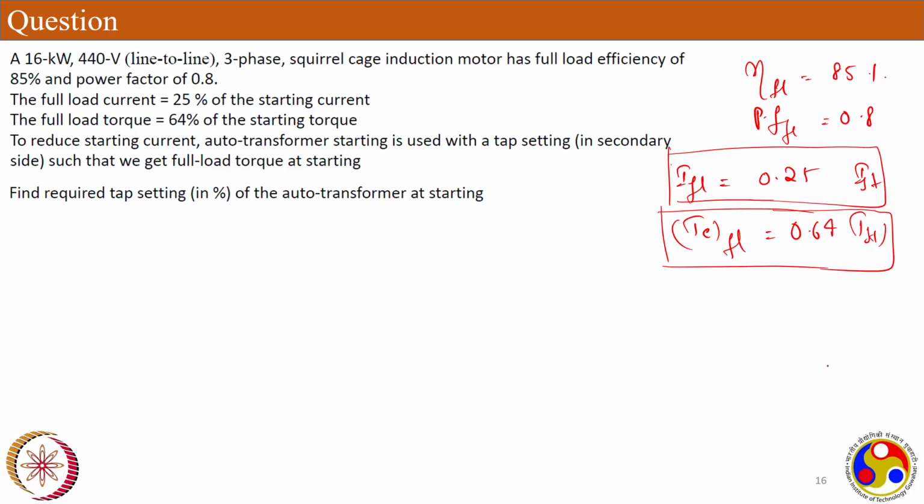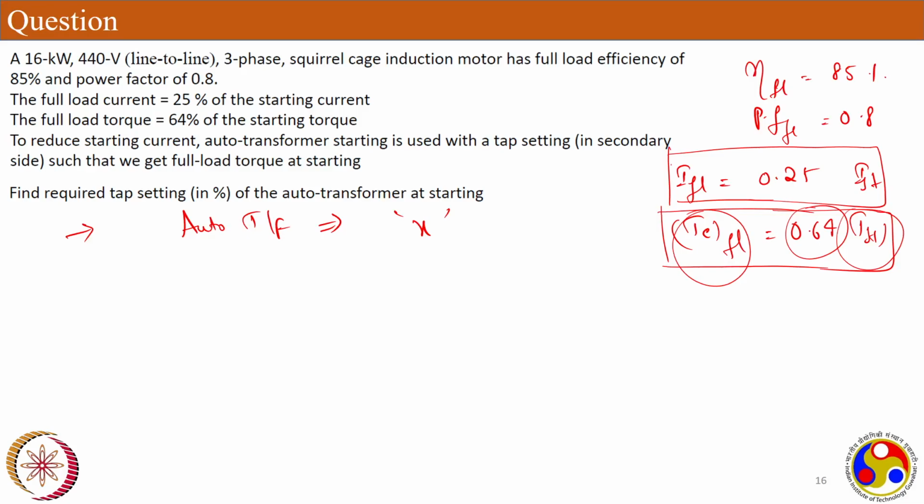Previously, when there is no starting method, at the starting you are getting some starting torque, which is TFL divided by 0.64. Now they have set an auto transformer starting, that means they have used some X, that is the tap setting in percentage.